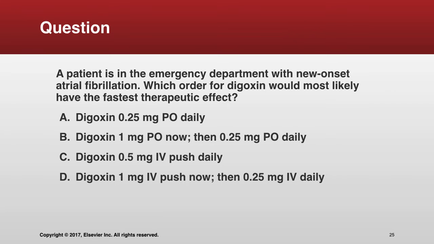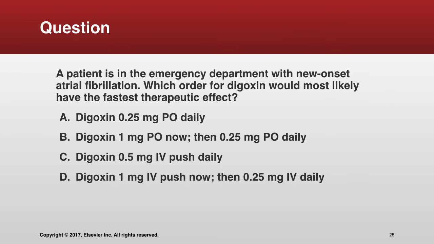Digoxin 0.25 milligrams PO daily, digoxin 1 milligram PO now, then 0.25 PO daily, digoxin 0.5 milligram IV push daily, or digoxin 1 milligram IV push now, then 0.25 milligrams IV daily.